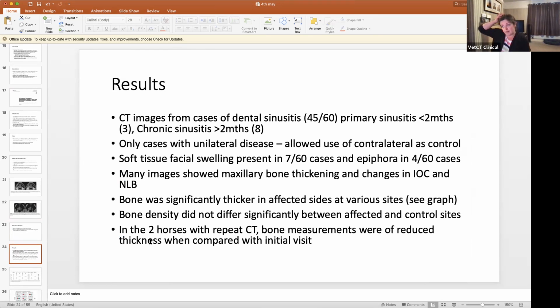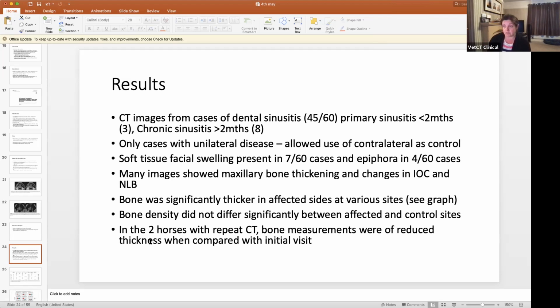So again, they had similar proportions of sinusitis. 45 out of 60 of them were dental, so 75% rather than 50%. They had primary sinusitis or primary subacute sinusitis, a lower proportion of those, and they also had 8 chronic sinusitis.